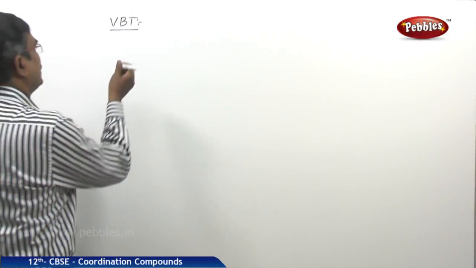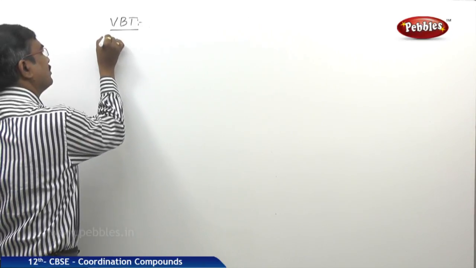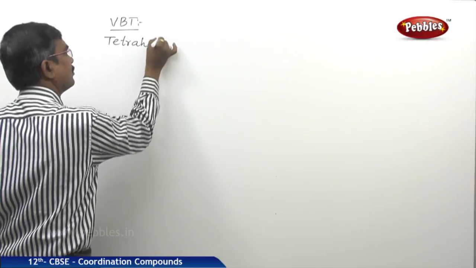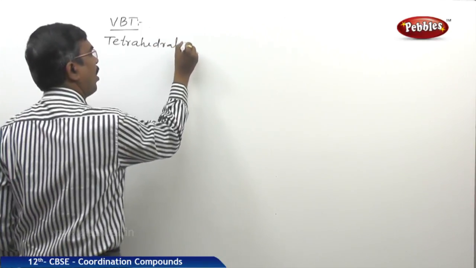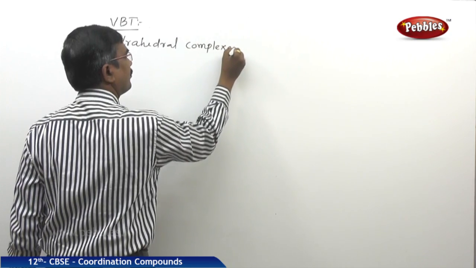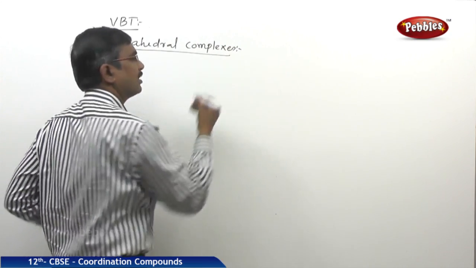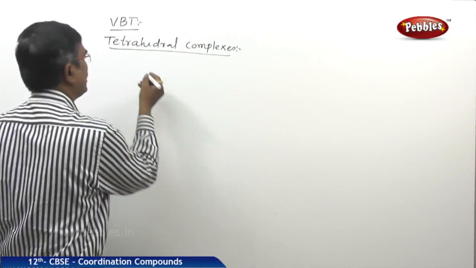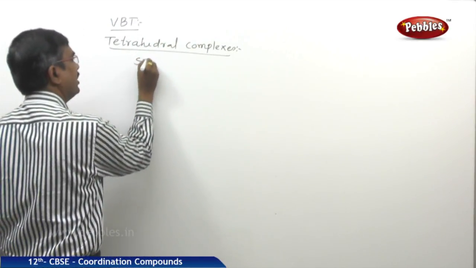We'll start with tetrahedral complexes. In these complexes, as we are aware, the central atom should be sp3 hybridized.